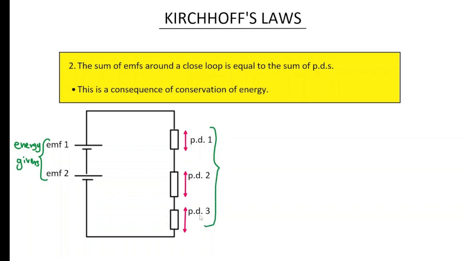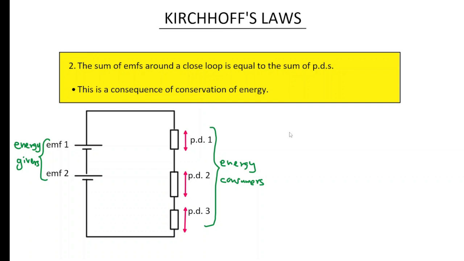These are energy consumers. So, according to the law of conservation of energy, the total amount of energy supplied to the circuit by the energy givers should be equal to the total amount of energy consumed by the energy consumers. That's why we can say this is a consequence of conservation of energy.